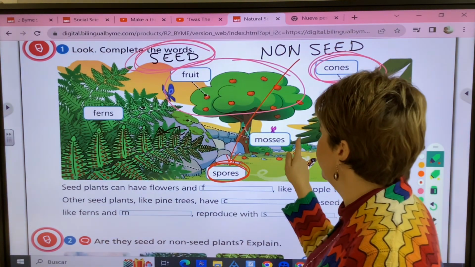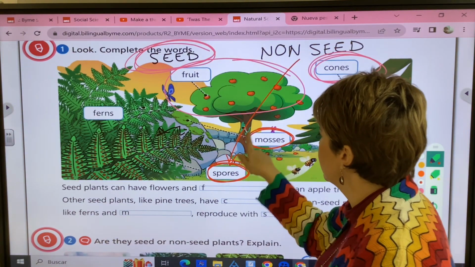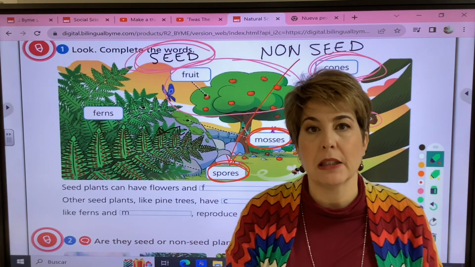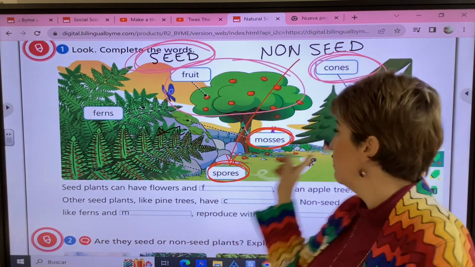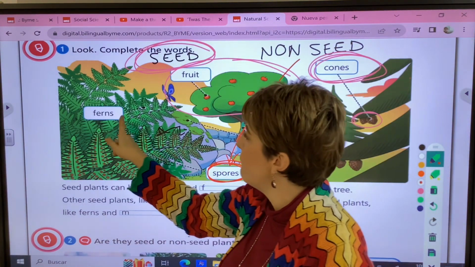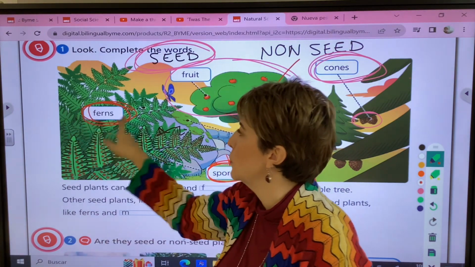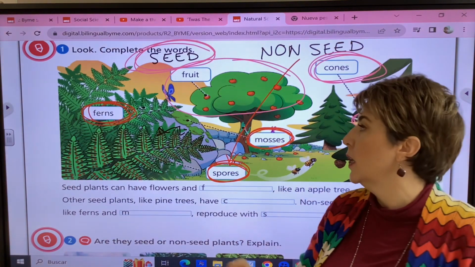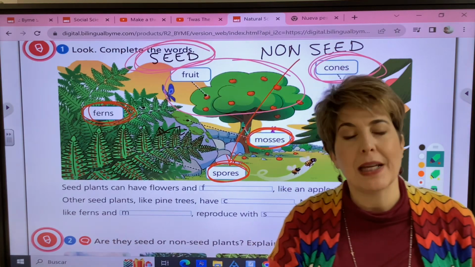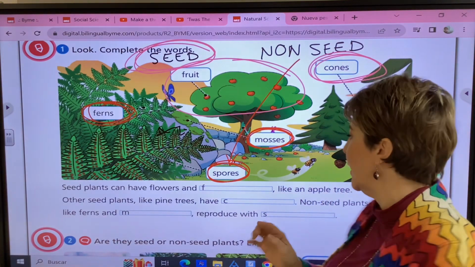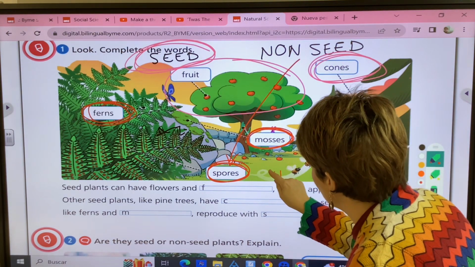And we have mosses. What's mosses in Spanish? Musgo. Then we have ferns, which are helechos. And we also said another one in the classroom, which are mushrooms.